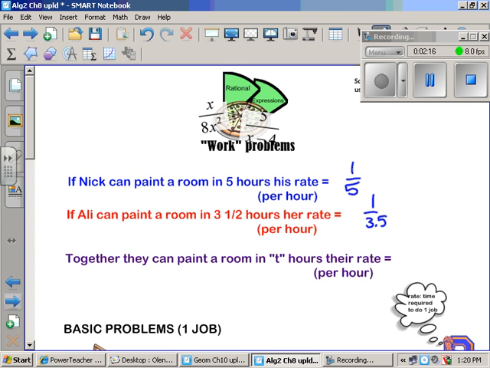And together they can paint a room in T hours, so their rate would be 1 over T. And it's going to be more or less than 5 and 3.5? Less, because they're working together, so hopefully they get it done overall faster.